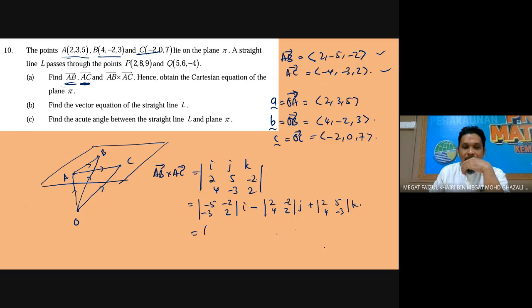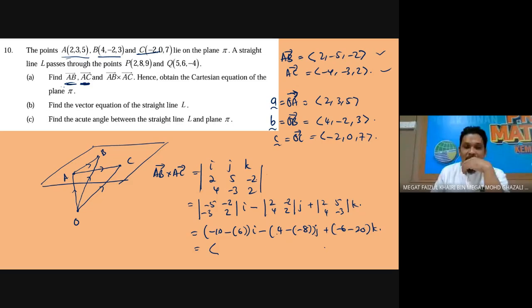Now -5 times 2 is -10, minus -2 times -3, which is 6. I minus 2 times 2 equals 4, minus -4 times -2, which is 8, so 4 plus 8 equals 12, so -12 for j. Plus 2 times -3, which is -6, minus -5 times -4, which is 20, so -26k.